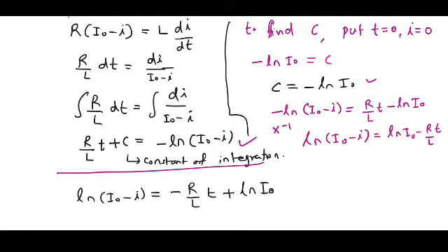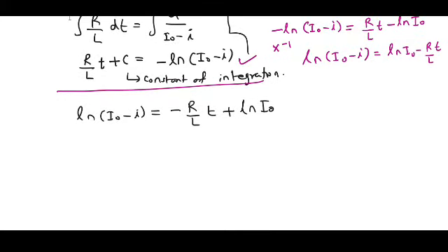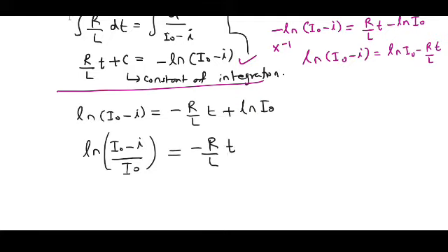Here I bring this I0 term, natural log I0, to the left side. This will be natural log I0 minus I by I0. Goes to the left hand side, it will be minus natural log I0. Then I can take it into the denominator. This is equal to minus R by L t.